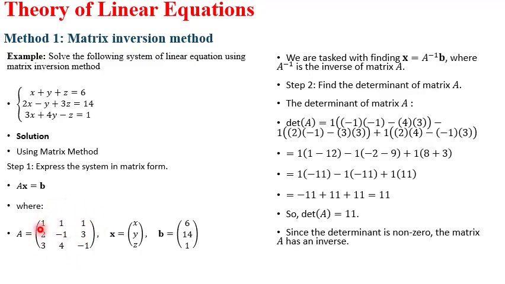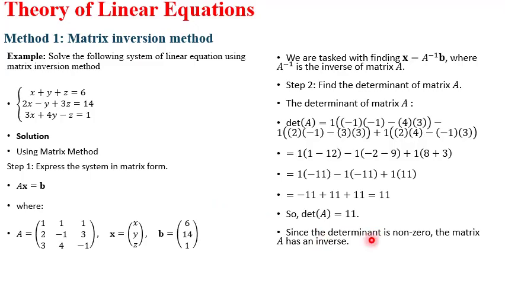Do not forget, using the adjunct method of determining the inverse of a matrix, the inverse of this matrix will equal 1 over the determinant of this matrix times the adjunct of this matrix. So the next thing to do now is to find the determinant of this matrix. Using the method earlier discussed, we simply compute the determinant, and if done well, the determinant will equal 11.